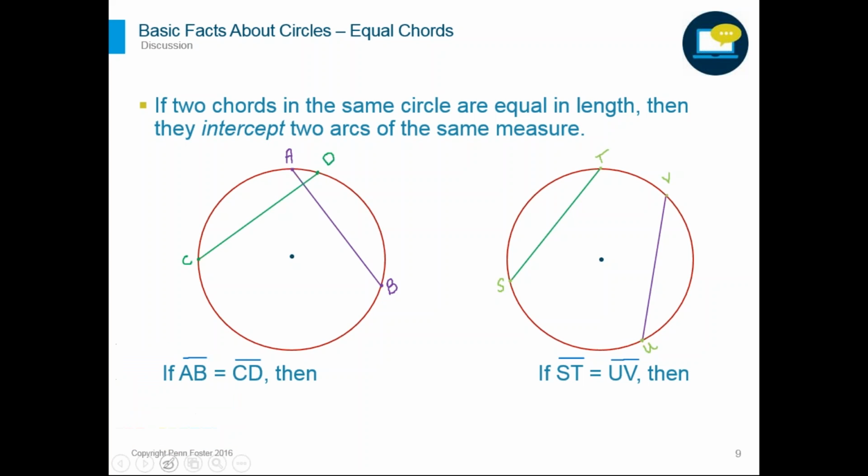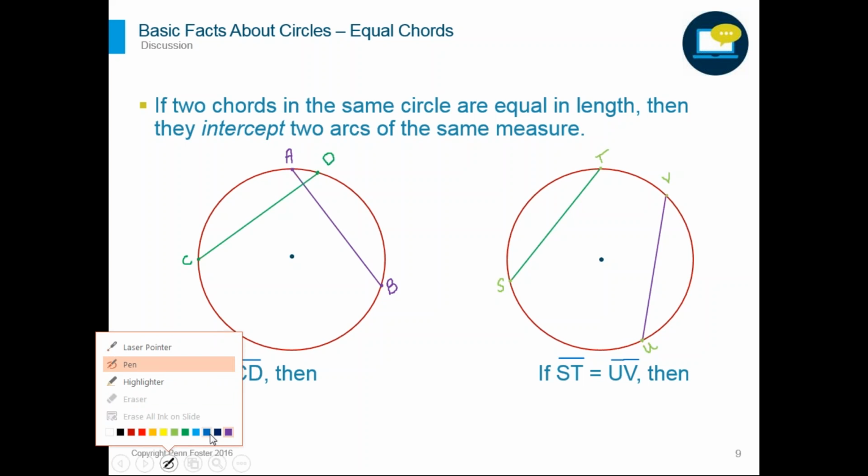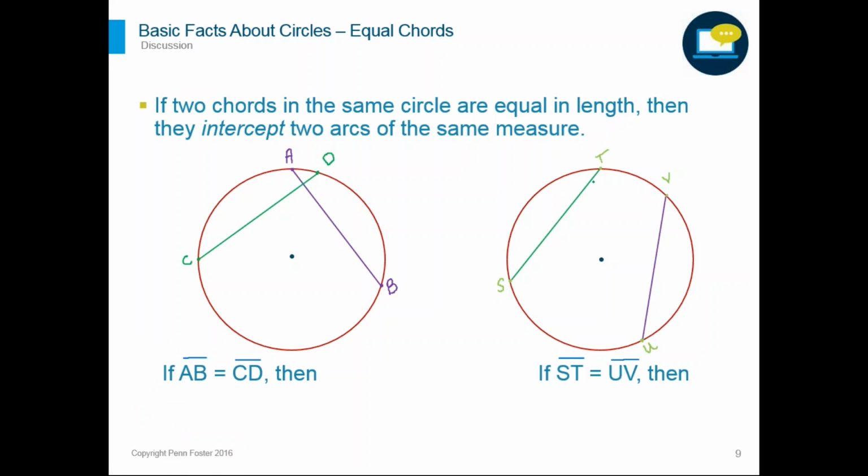ST also intercepts a major arc, SUV, and this chord UV intercepts the one I'm going to mark in purple as well, and it's a major arc. So these two arcs are equal in measure as well, just to keep that in mind.